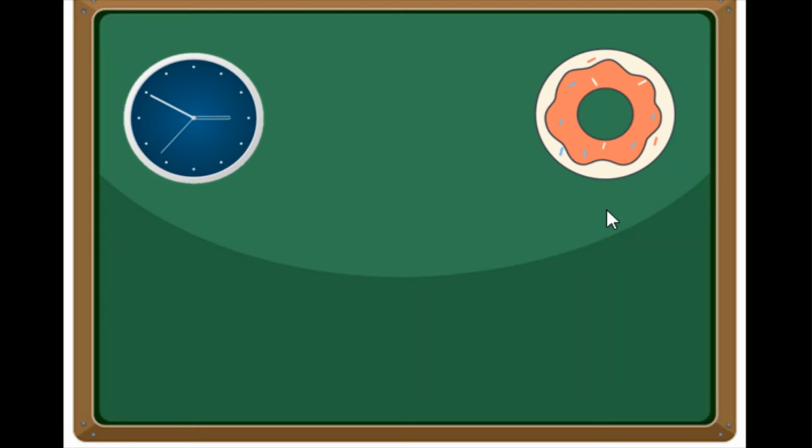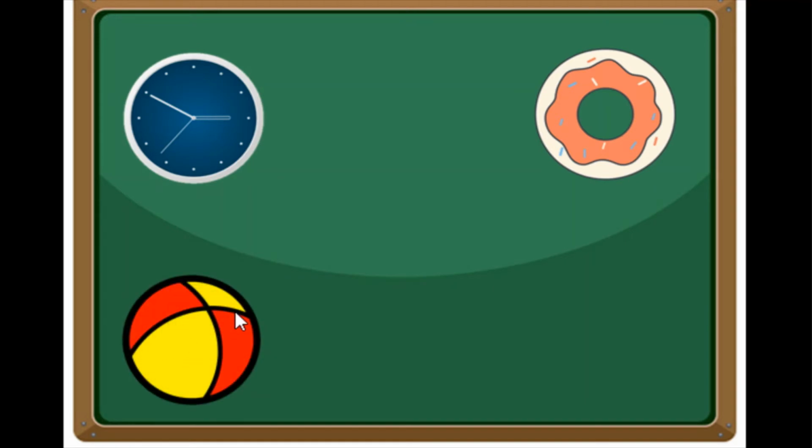Very good. It is a donut. How about this one? Very good. It is a ball.